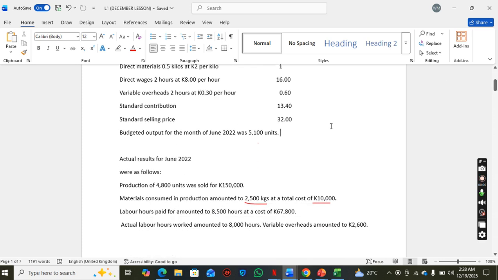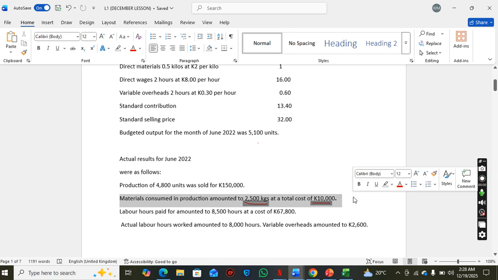Now we've got information for the actual results of June 2022. Production, we produced 4,800 units and sold them for 150,000. Materials consumed in production amounted to 2,500 kgs at a total cost of 10,000.